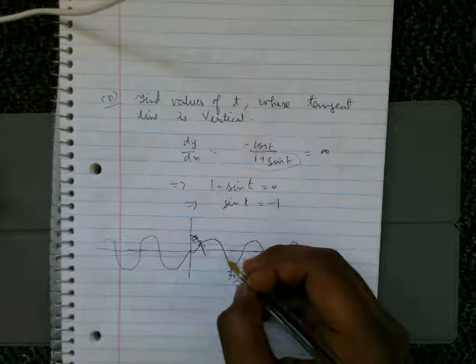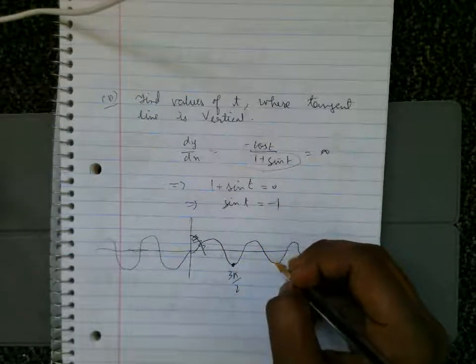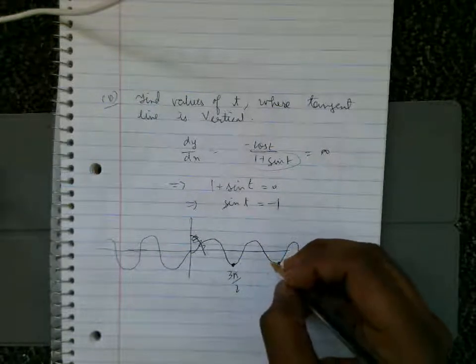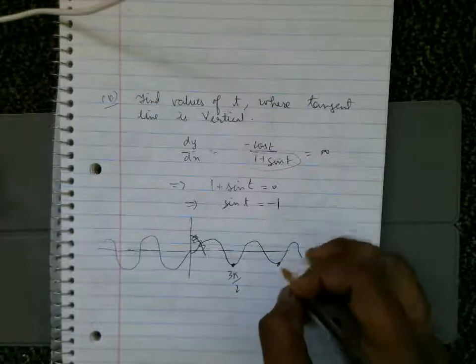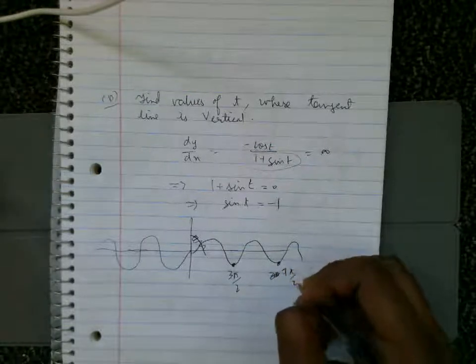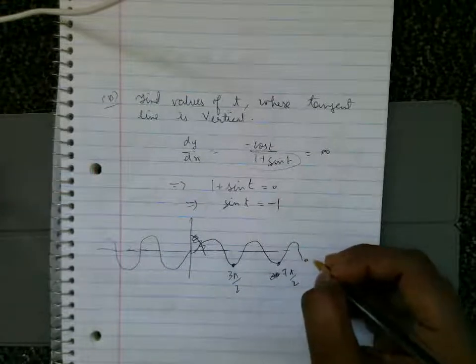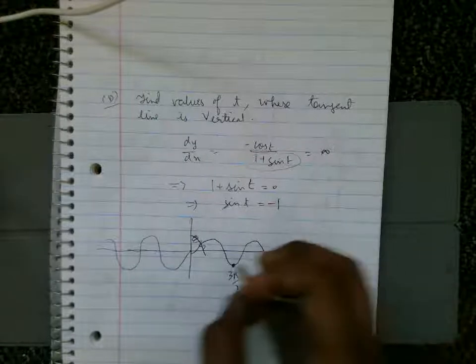This is 3 pi by 2, and it is minus 1, 3 pi by 2 plus 2 pi. So this is 7 pi by 2, I think. And then for 11 pi by 2 and so on.